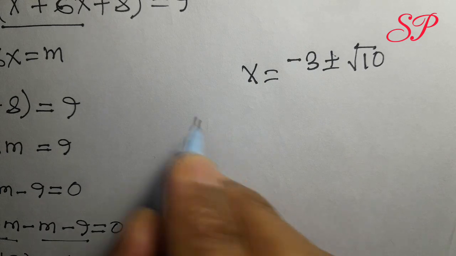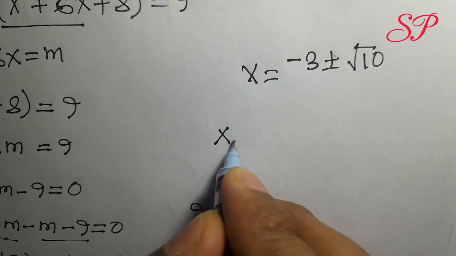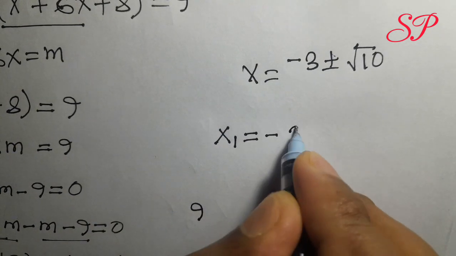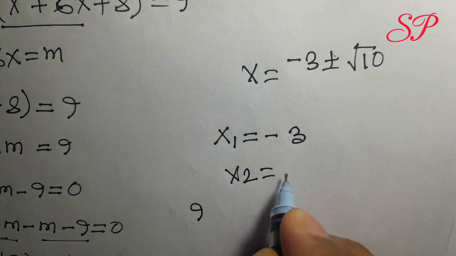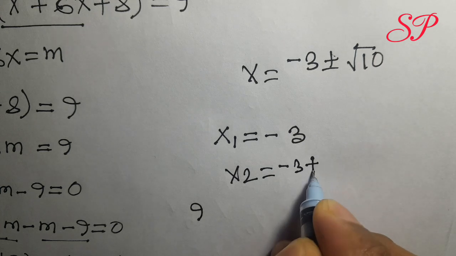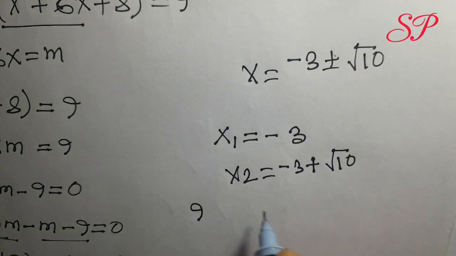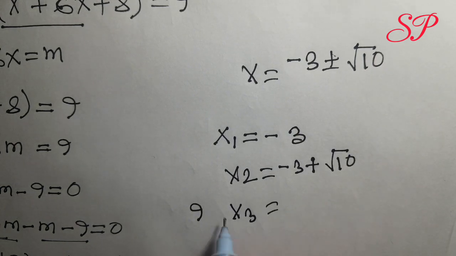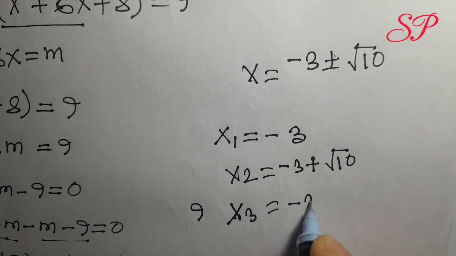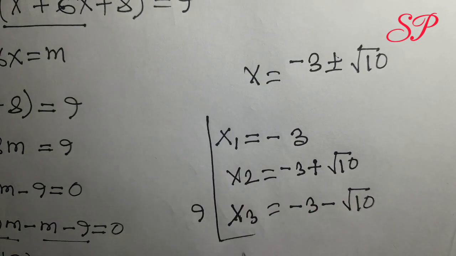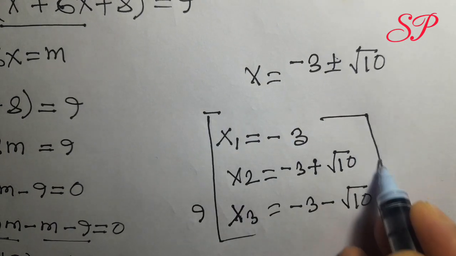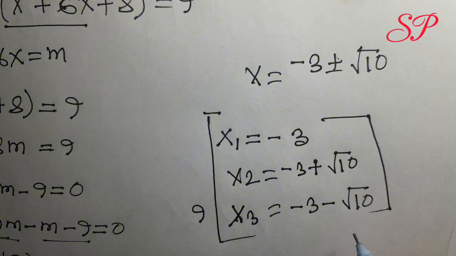So the solutions are x1 is equal to minus 3, x2 is equal to minus 3 plus root 10, and x3 is equal to minus 3 minus root 10. Okay, this is the solution of this equation.